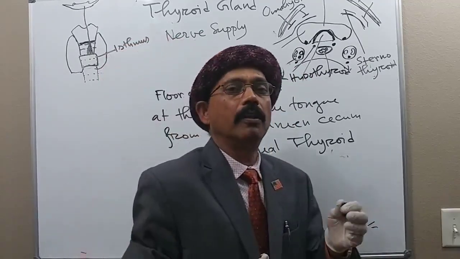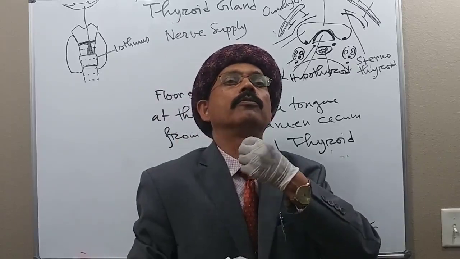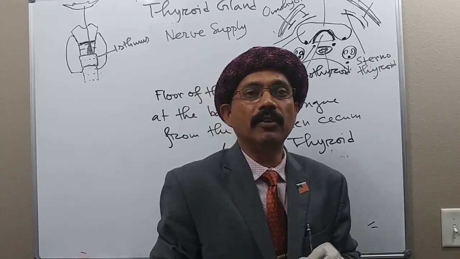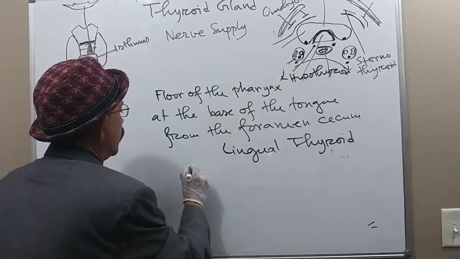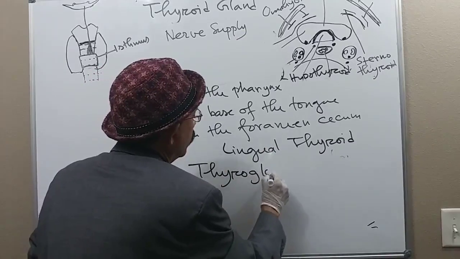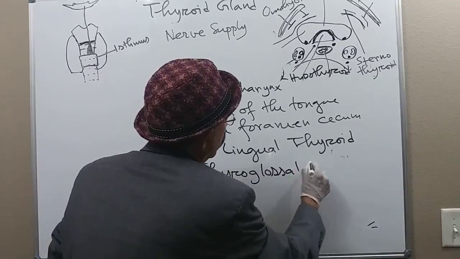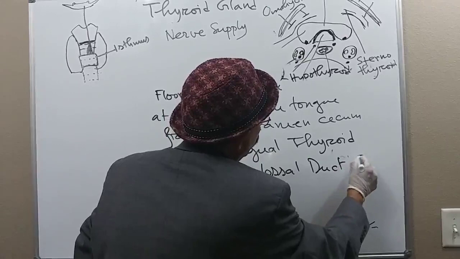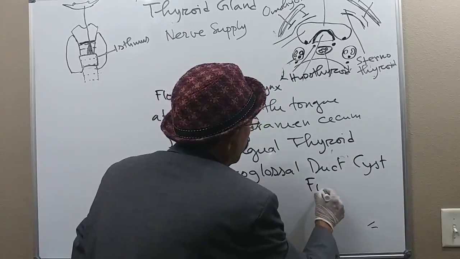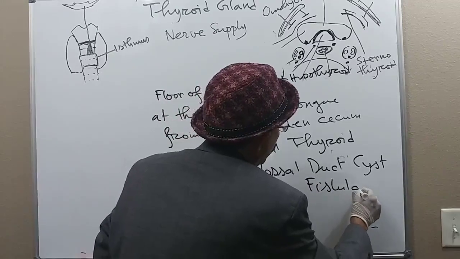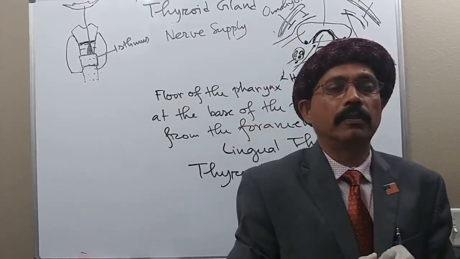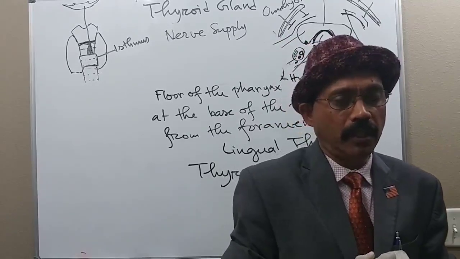The thyroglossal duct, the route through which the thyroid gland descends, may not disappear. We may get a thyroglossal duct cyst, or we may get a fistula. That is a possibility. Okay, we got the development of the thyroid gland.